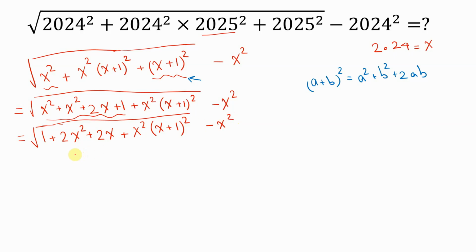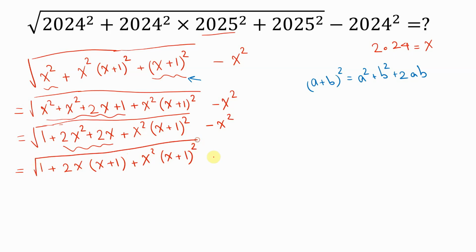Now from these two I'm going to factorize 2x, which becomes 1 plus 2x times x plus 1, plus x squared times x plus 1 squared, minus x squared. Now I want you to look at this expression so carefully and compare it with this one in here.